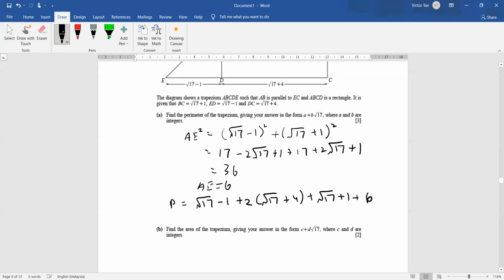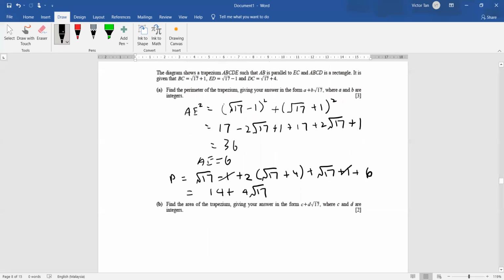So this is 4 root 17. The minus 1 and plus 1 cancel off. 2 times 4 is 8, 8 plus 6 is 14. That's the solution.